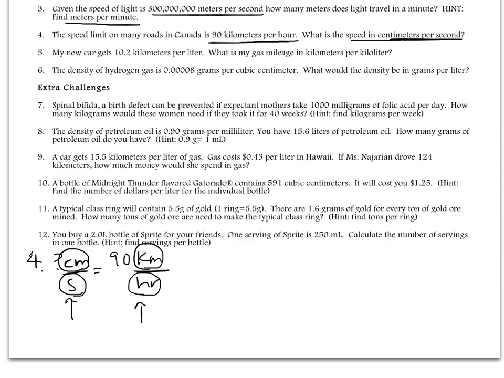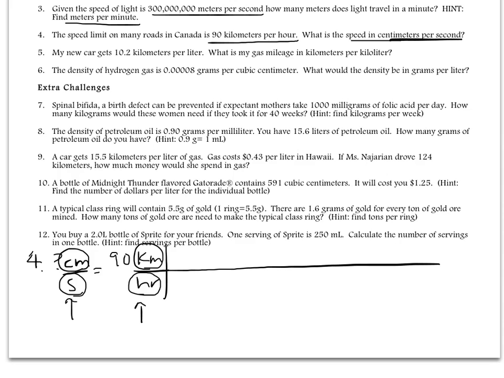So the trick to these problems is to think of them in two parts. So I usually start with the units that are on the top. So my first goal is going to be to convert kilometers to centimeters. And I'm just going to ignore the hours and seconds right now, even though I know I'm going to have to come back to them later.